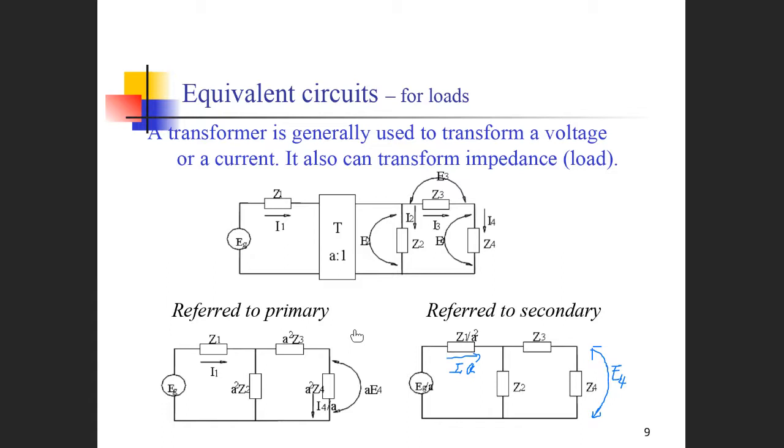But a straightforward way, from the point of view of engineering, is to make the primary and secondary, by transformation of the parameters, have the same voltage and the same currents, so that they can be connected together safely. This is a straightforward way.